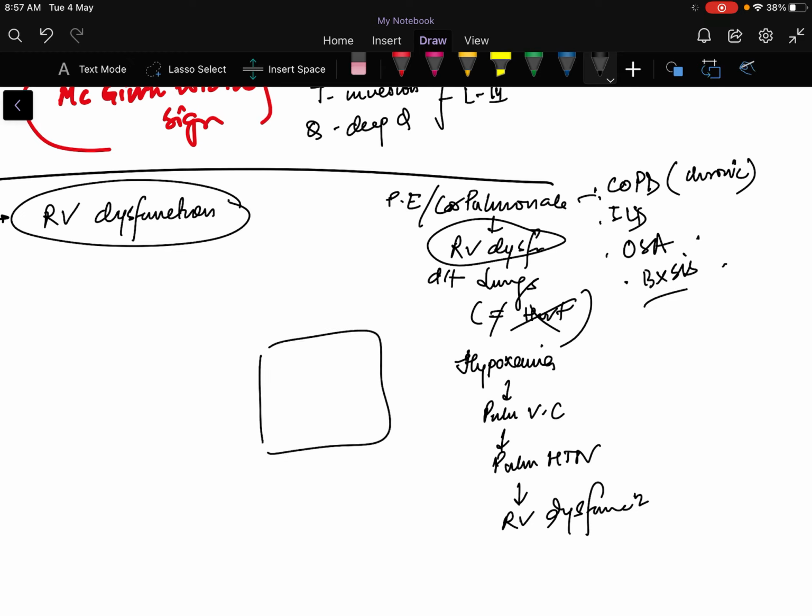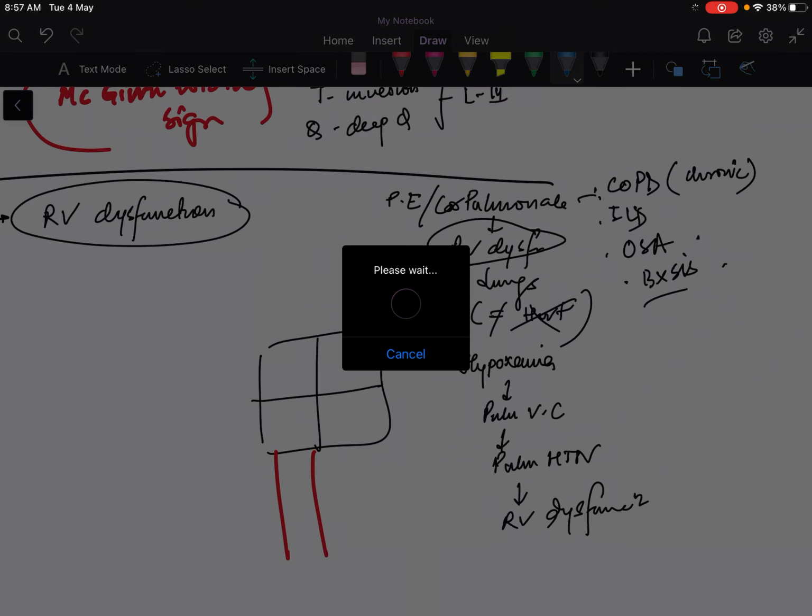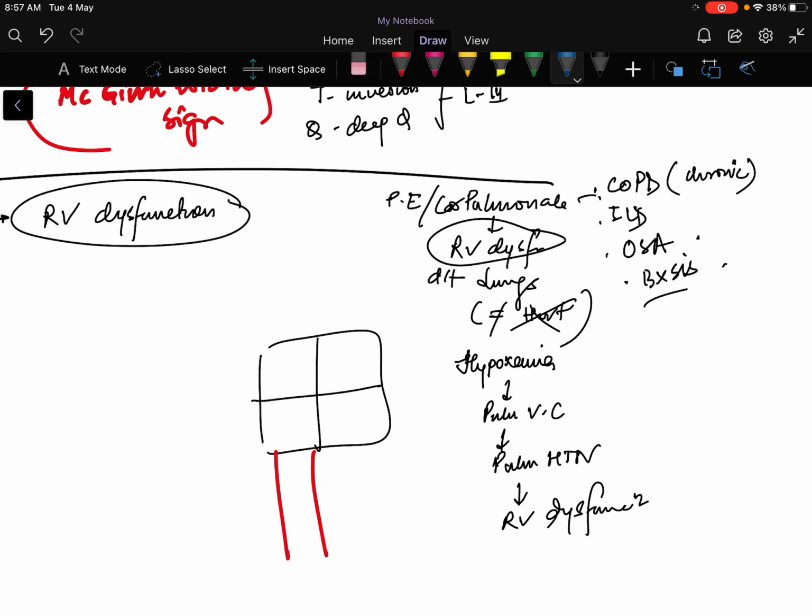So what it does is, thrombus over here, pressure builds up, then pushes the left ventricle and it becomes small. So what happens is that the output is reduced.